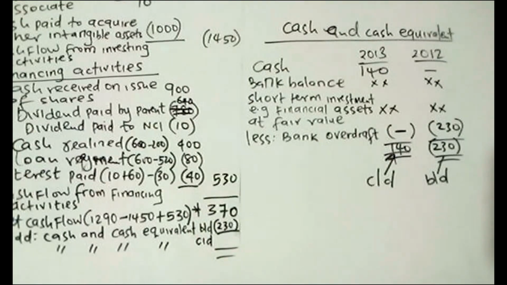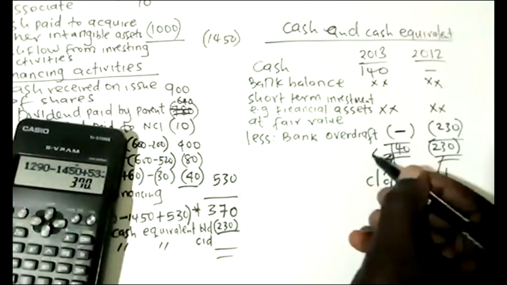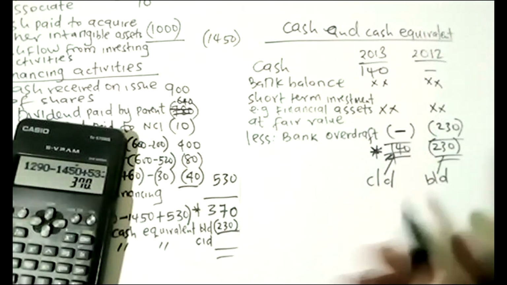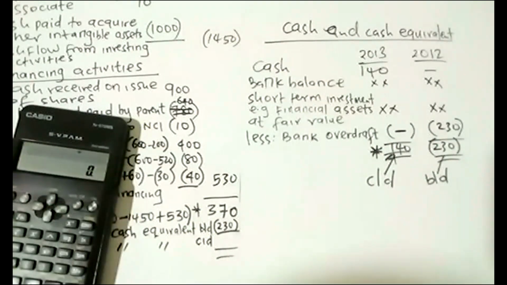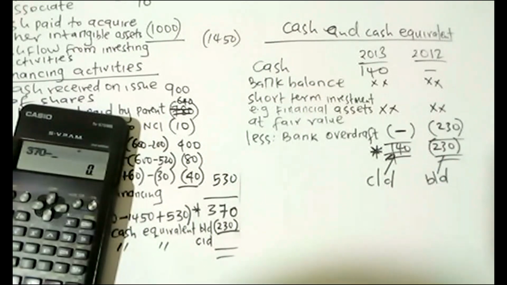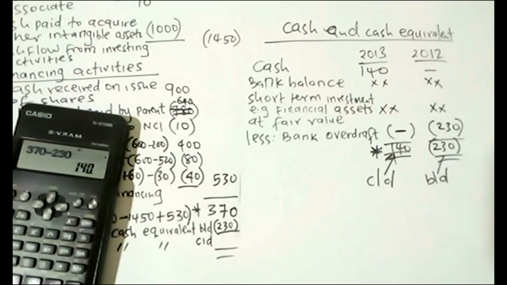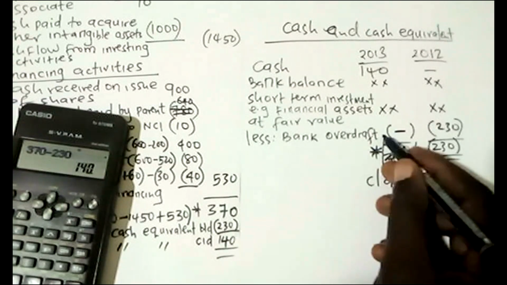You are supposed to get 140 if you have done your statement correctly. So let's take 370 minus 230. I'm getting 140, the one we have here.